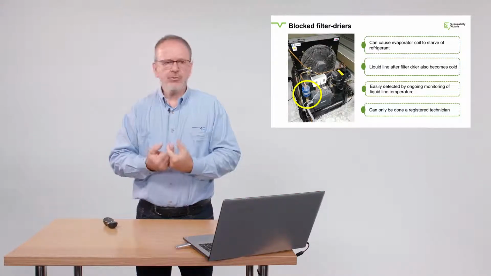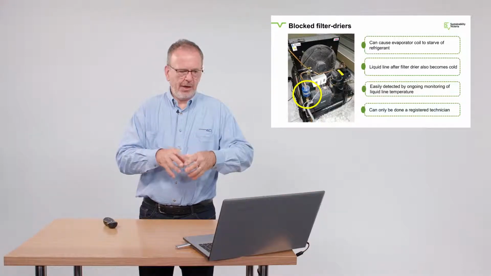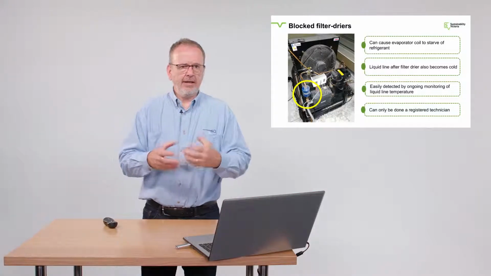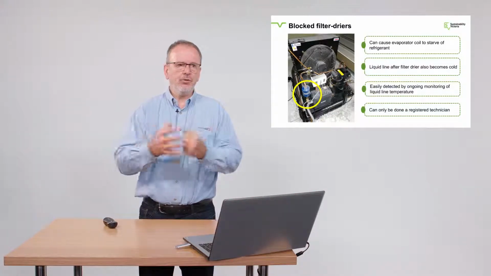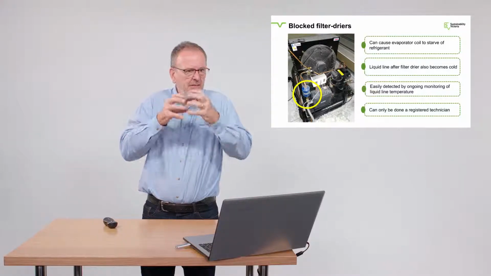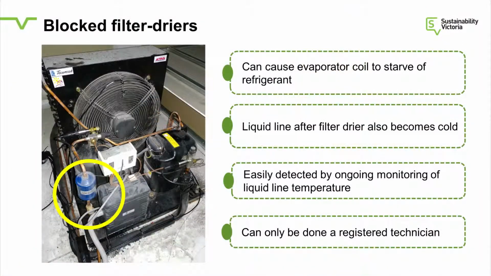But what the filter dryer also absorbs is any moisture in the system. And if somebody opens a system to replace a compressor, for example, and closes it and lets a bit of moisture get in, that moisture will be absorbed by the filter dryer, which makes it expand a little bit. The stuff inside, it's like this desiccant you have with your clothes. It absorbs a bit and it creates a pressure drop.